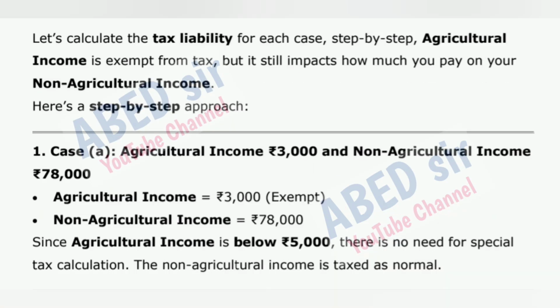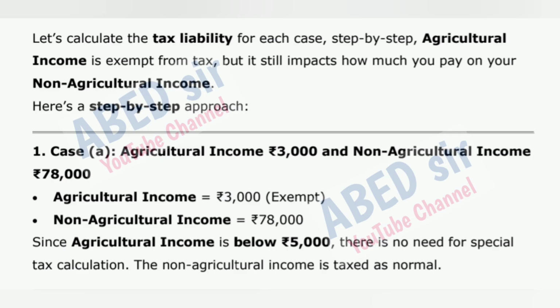Let's calculate the tax liability for each case step by step. Agricultural income is exempt from tax, but it still impacts how much you pay on your non-agricultural income. Here's a step-by-step approach. 1. Case A. Agricultural income 3,000 rupees and non-agricultural income 78,000 rupees.